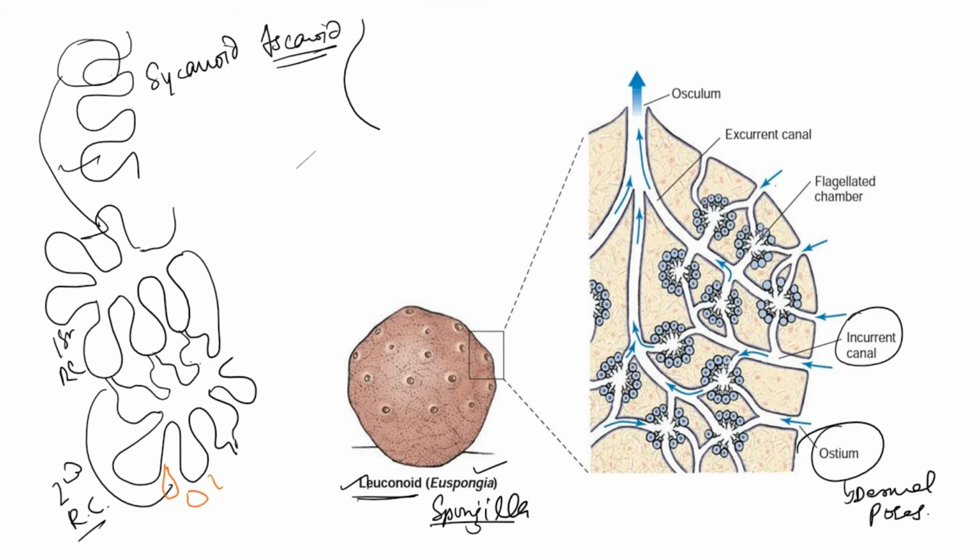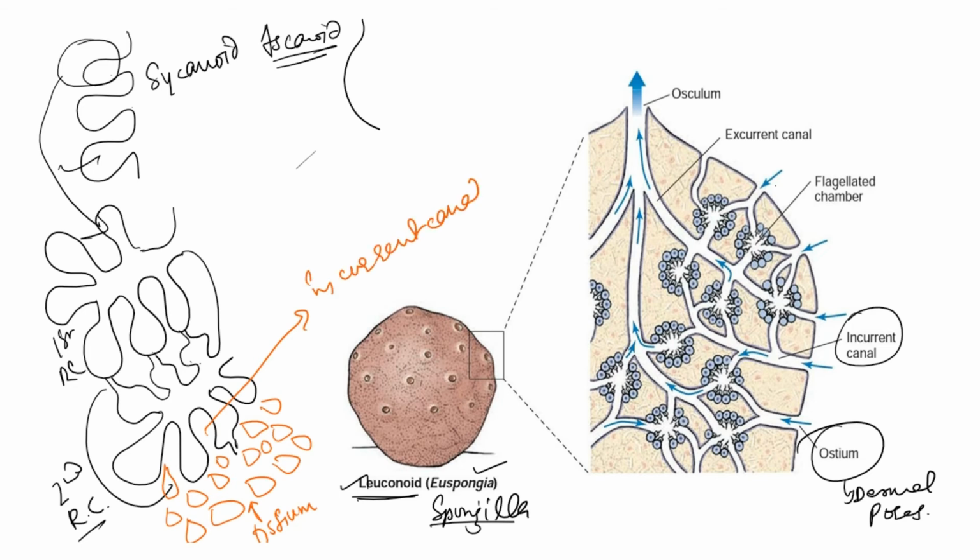These chambers are actually surrounded by these myocytes. Okay, this is your sponge body wall. So this is your ostium or dermal pore from where water enters, and this one right here is your incurrent canal.